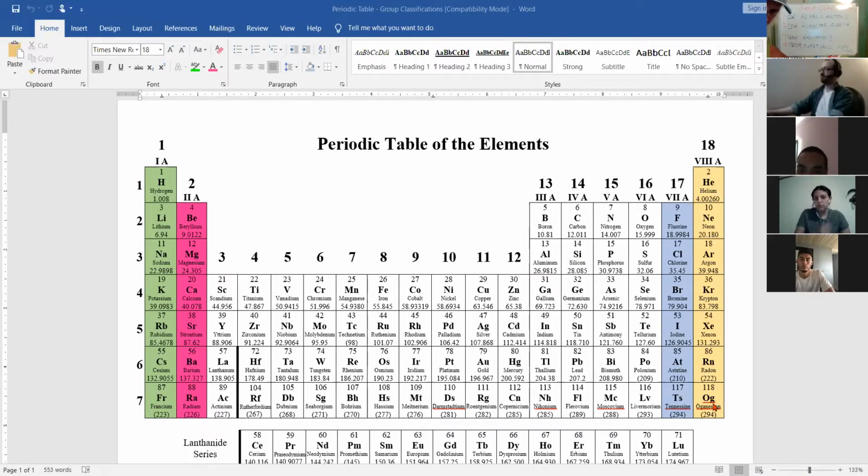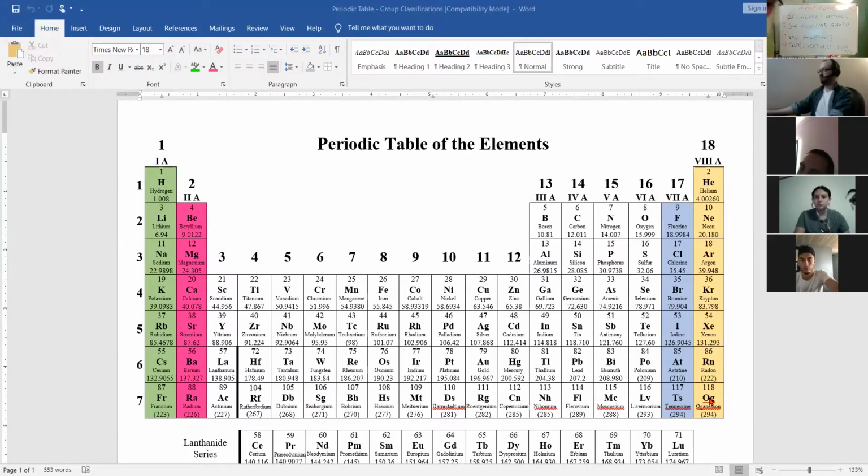Again, I have included 118, although it's kind of still up in the air as to whether 118 is a gas. Some people will say it's a solid. But we will include it for the sake of simplicity. We'll call it a noble gas. Right? We'll consider it to be a gas element.